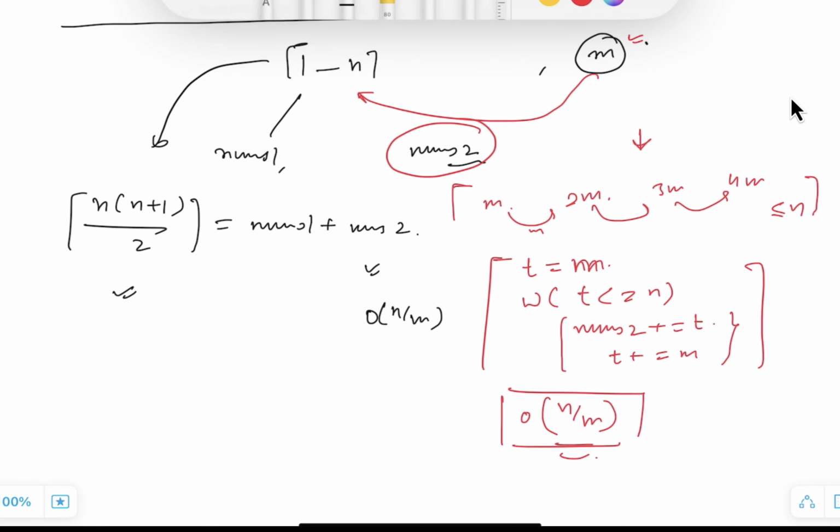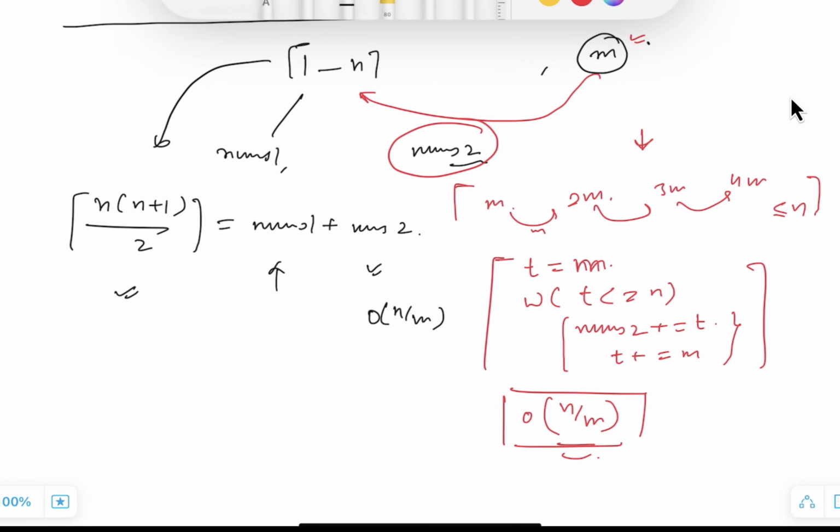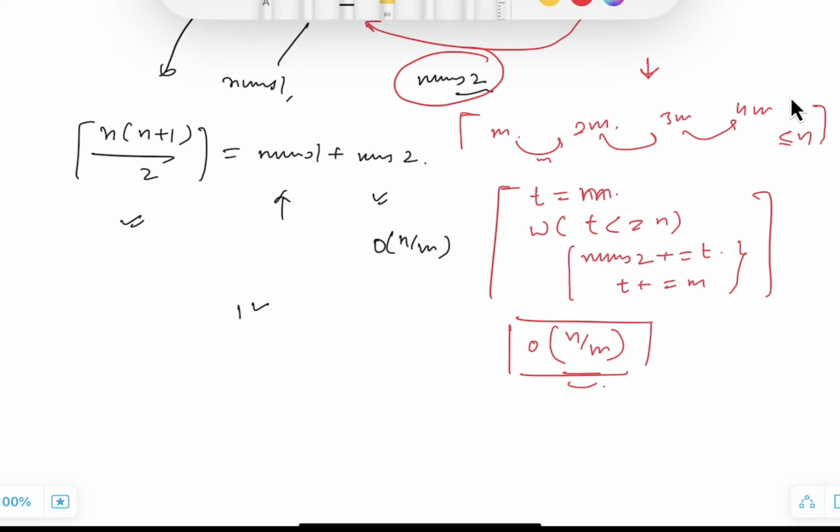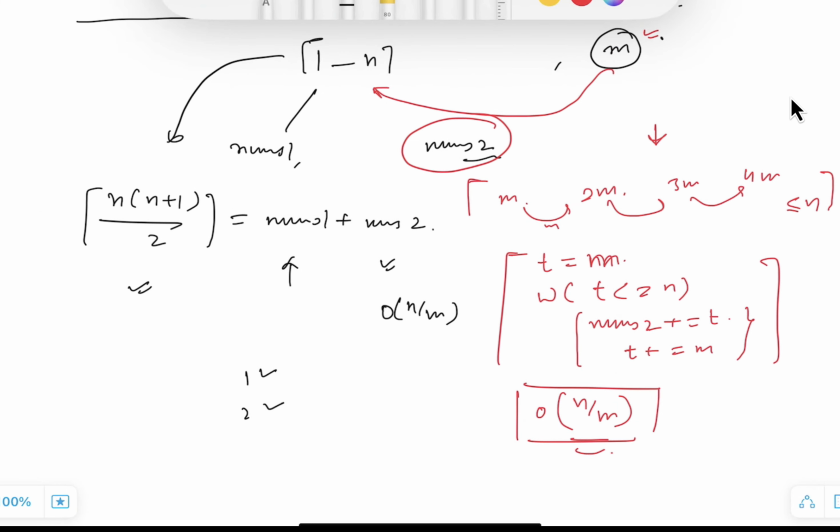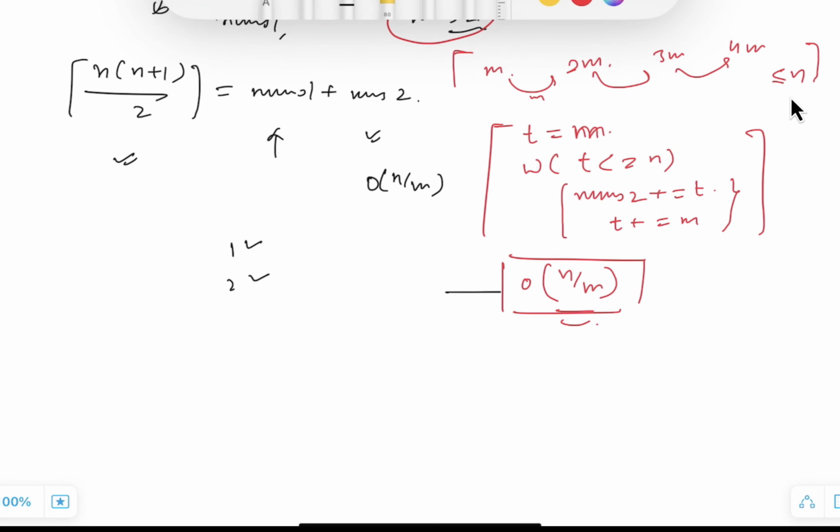If we have these two values, we will be able to get nums1 as well. And if we have nums1 and nums2, we can get our answer by returning nums1 minus nums2. So this approach we did in order of n divided by m time.